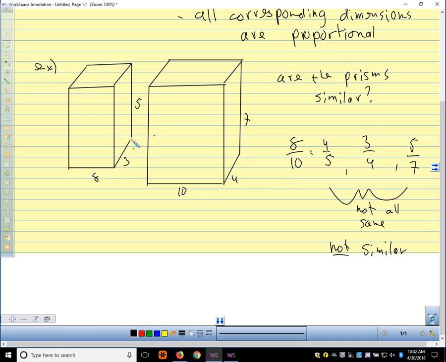Well, if they are similar, then we can figure out ratios of their areas and their volumes.